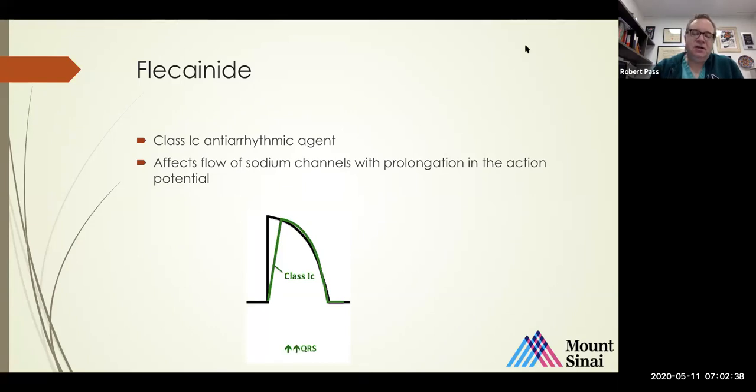You can see here on a drawing of the action potential, we see the effect of this agent with the class 1C prolonging depolarization and having fairly little effect on repolarization. And this is in fact why it is that when you're on flecainide, the thing that we're most concerned with on the electrocardiogram is prolongation in the QRS. Typically, you'll see a new right bundle or widening of a bundle. That would generally be a bad sign that you are approaching toxic levels of flecainide.